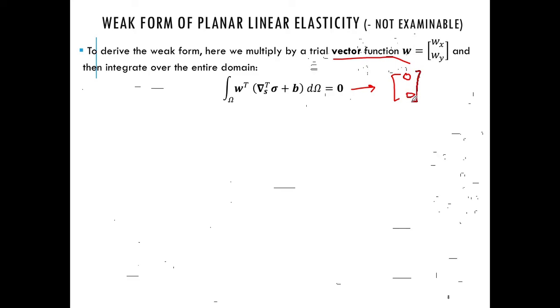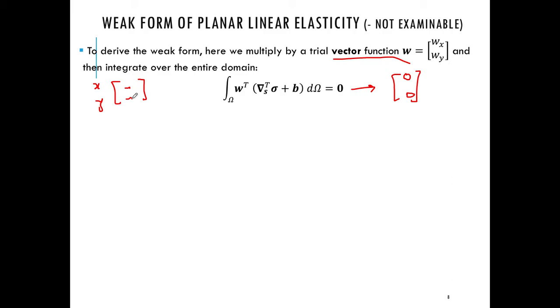And similarly, W consists of Wx and Wy and so on. So you have to be careful that this integral equation actually consists of two equations, one for the x coordinate and one for the y coordinate, when you look at this entire expanded equation, right? But as I said, I'm just going to jump through how we get that.